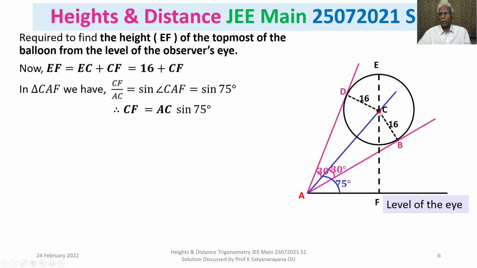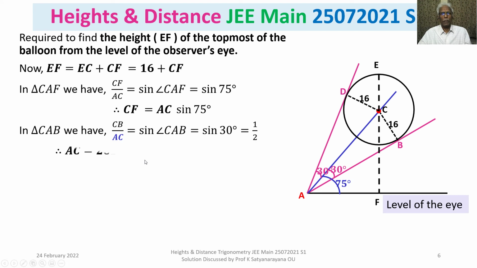In triangle ACB, CB by AC is the sine of the angle CAB, that is 30 degrees. Sine 30 is equal to 1 by 2. So AC will be equal to 2 times CB. CB is the radius, that is 16 meters. That is 2 into 16, 32.